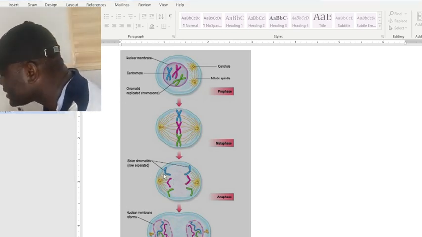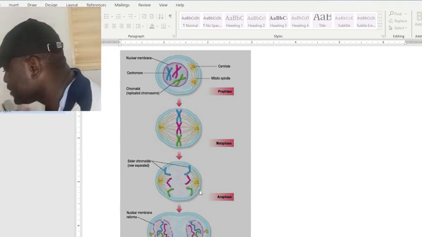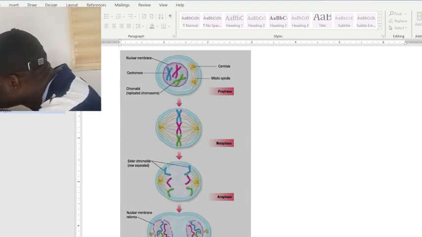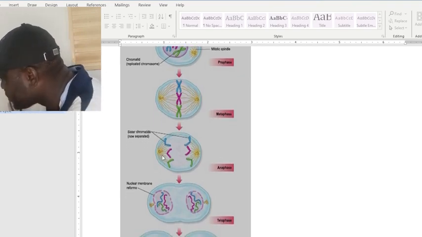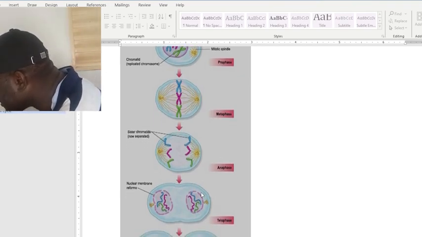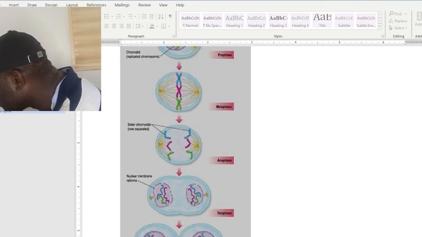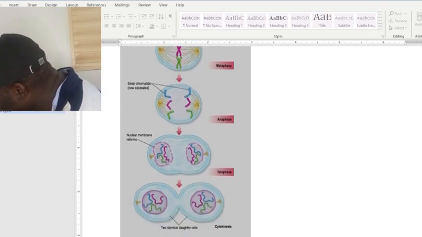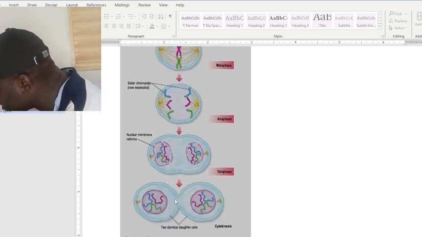After aligning at the center, in the anaphase, the mitotic spindle will now separate them. It will pull them. The reason it has to pull them is that this cell has to divide at the center, so a complete set of chromosomes must be on each side. So they have to pull to the opposite ends.